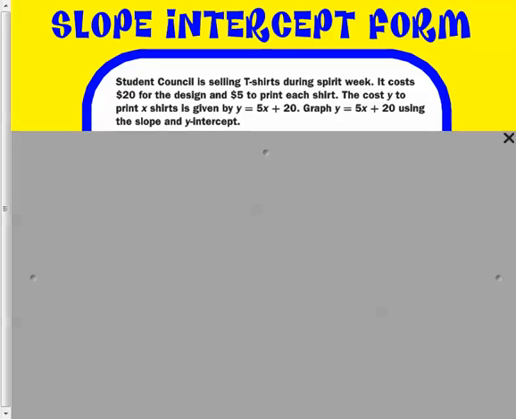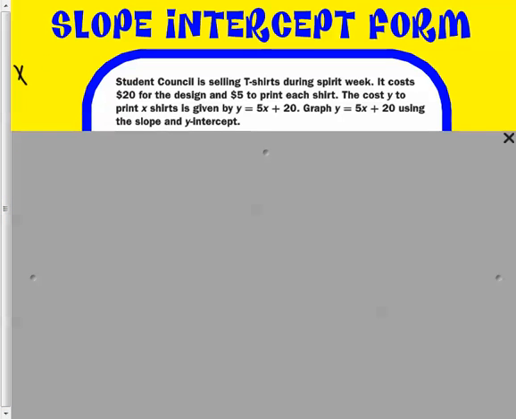Okay, so let's look at stuff like this. Student Council is selling t-shirts during Spirit Week. It costs $20 for the design and $5 to print each shirt. The cost is y to print the shirts, which would be our x, because we don't know our number of shirts. So if you think about it, the cost is going to depend on the number of shirts that people buy.